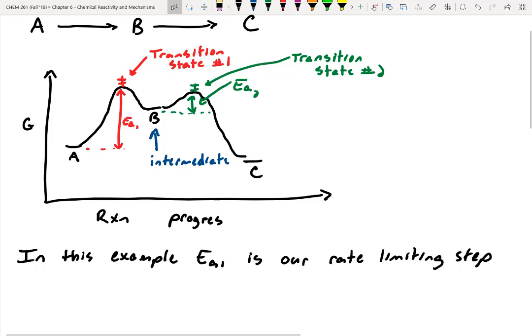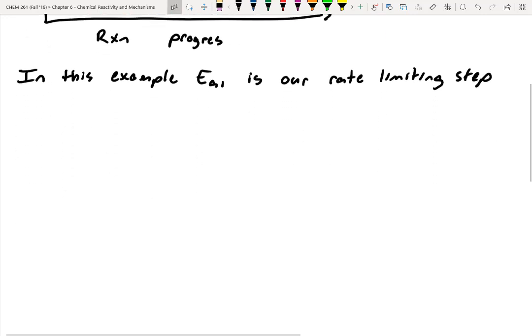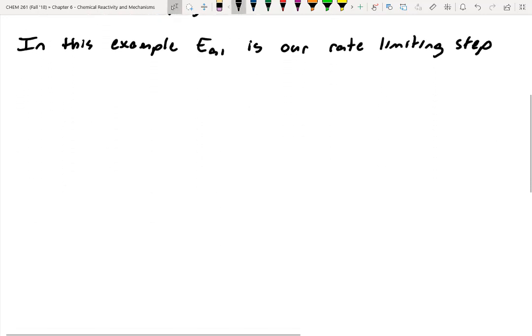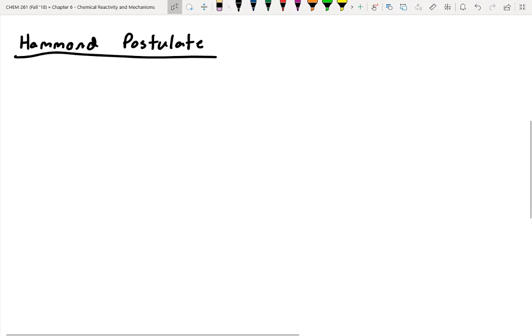All right, there's one other technical term I did want to discuss. This is called the Hammond postulate. It's a super simple concept that sounds fancy and scary.